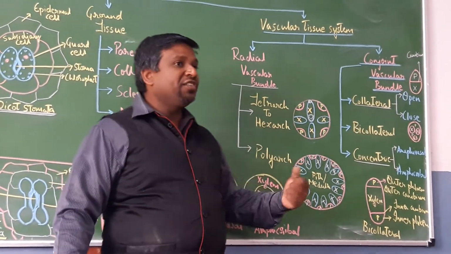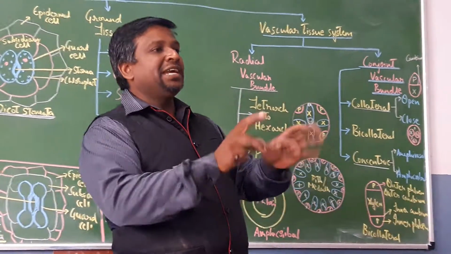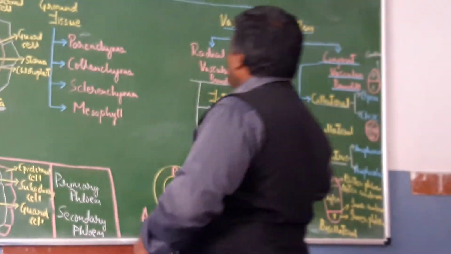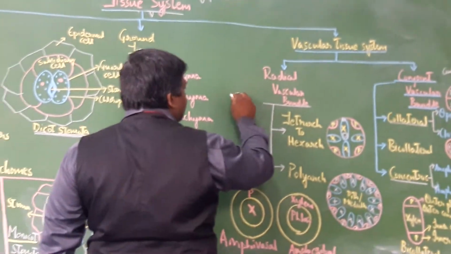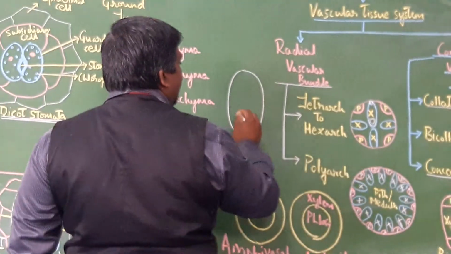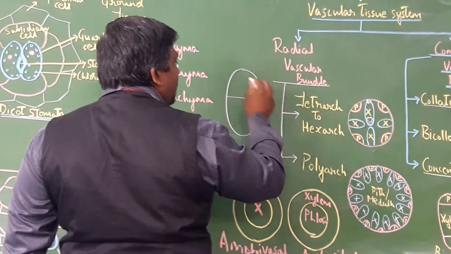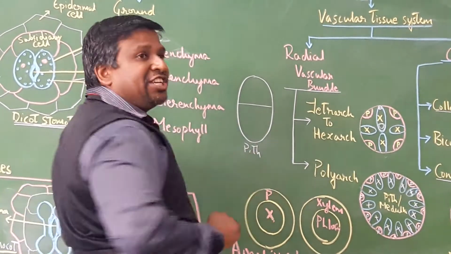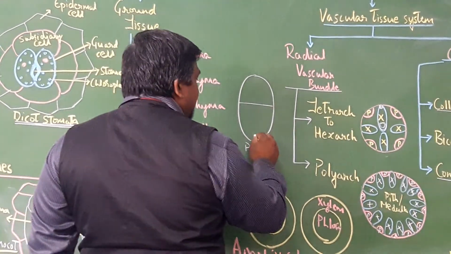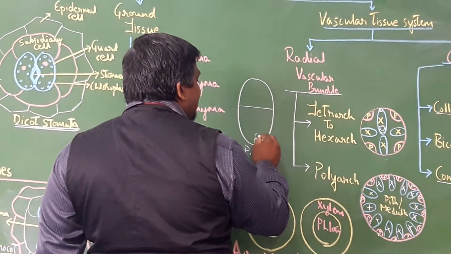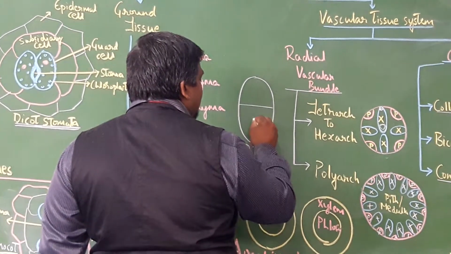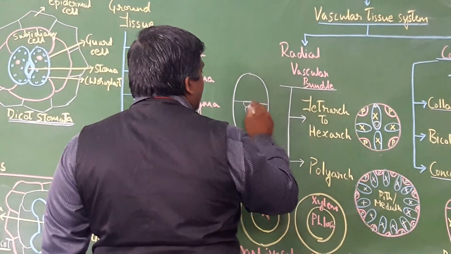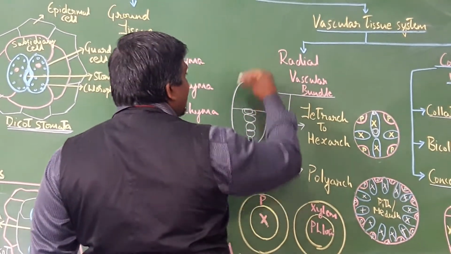Then in case of endarch, it is the inside-out arrangement. Endarch you can notice in the vascular bundles of dicot stem and leaf. If this is the pith, in the endarch condition, the protoxylem is towards the pith and the metaxylem is towards the periphery.